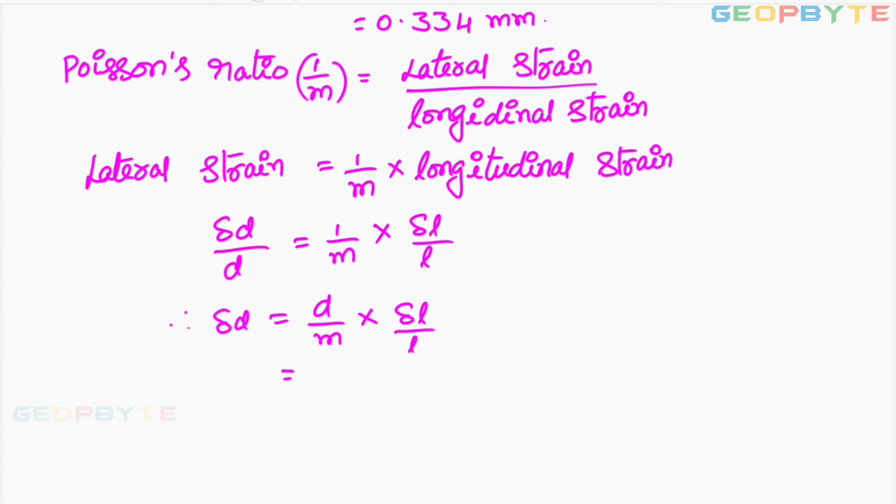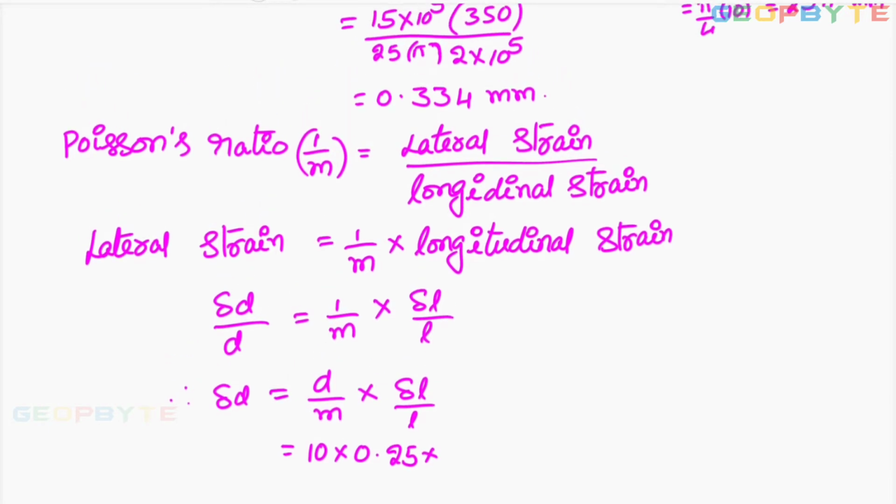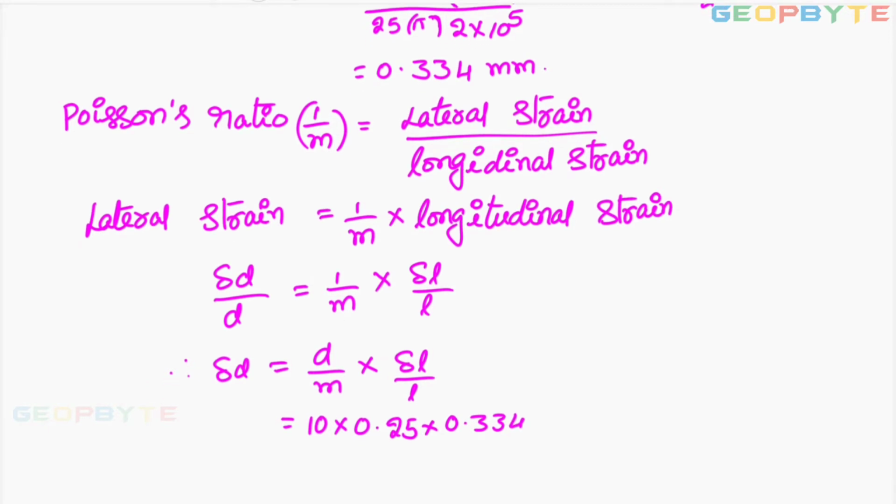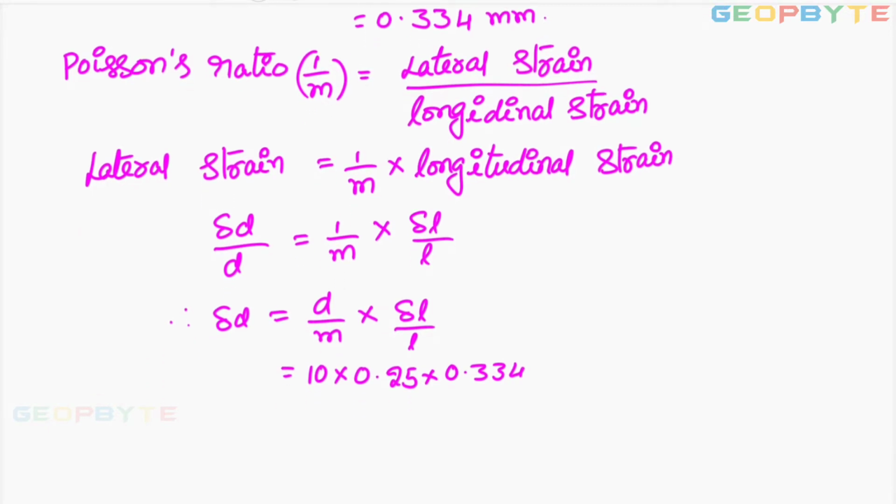Here diameter is given 10 mm, into Poisson's ratio 1 by m 0.25. Change in length you got is 0.334 by original length. Original length is given 350.